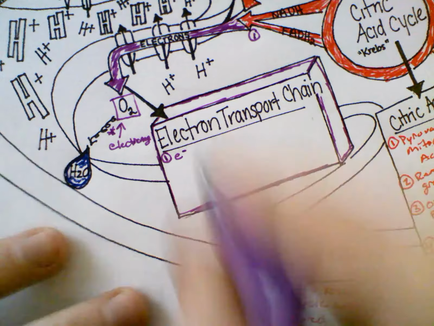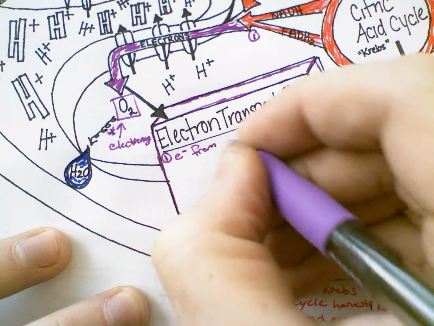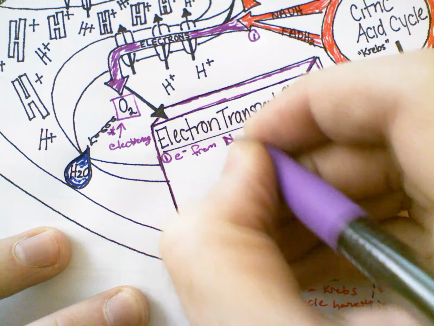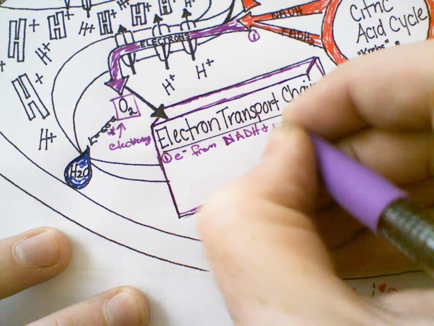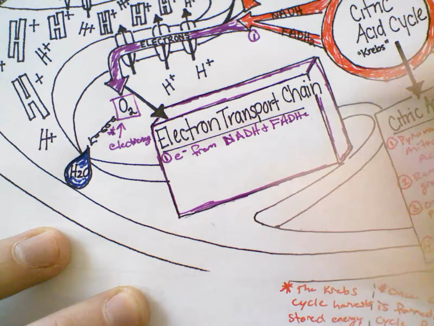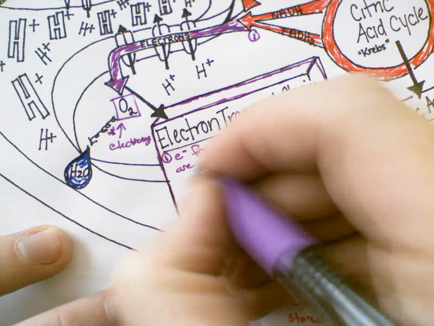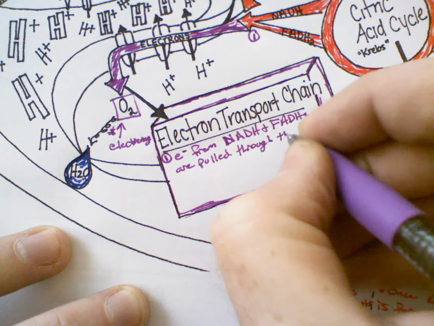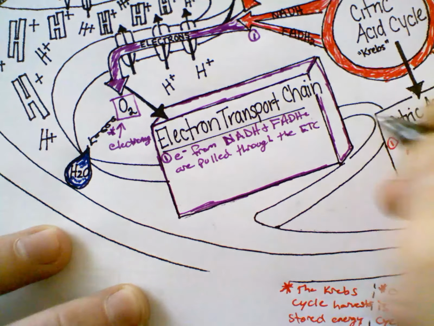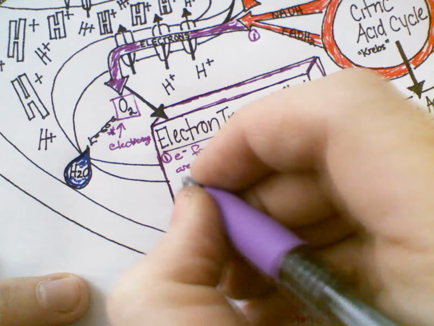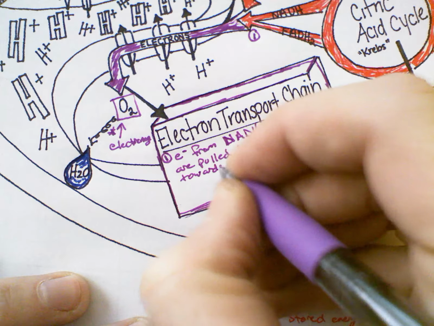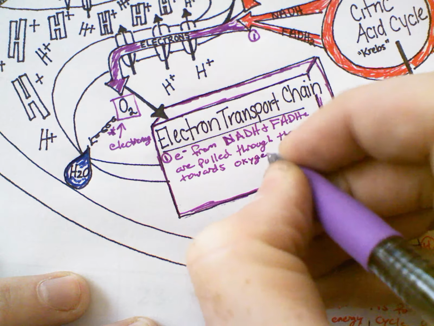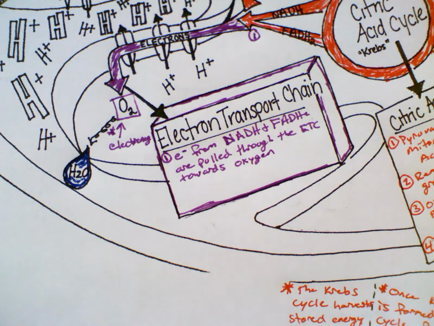So E minus means electrons from, oh man, that's supposed to be an N. NADH and FADH2 are pulled through the ETC towards oxygen. Yeah, so that is the mechanism that's going to start releasing energy.